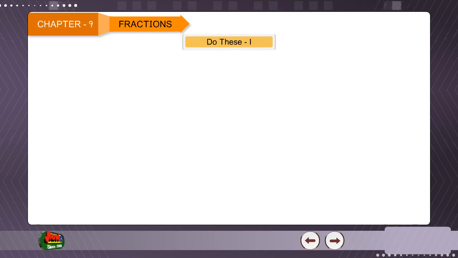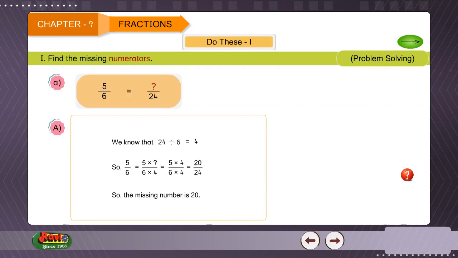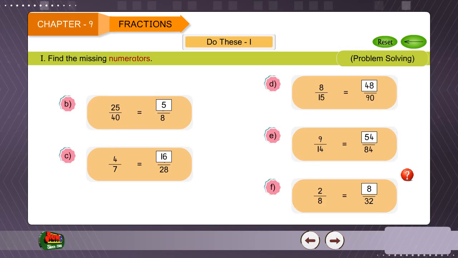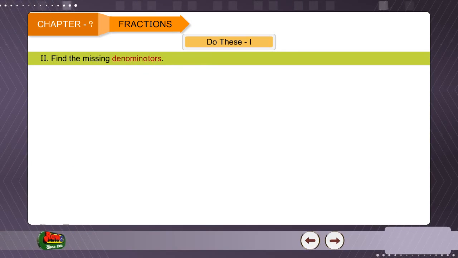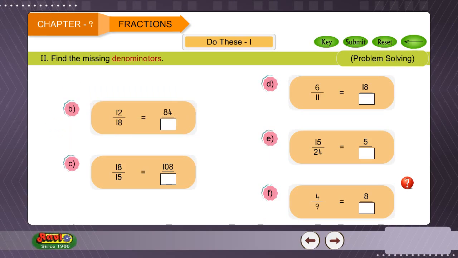Do these. 1. Find the missing numerators. Problem solving. 2. Find the missing denominators. Problem solving. 3.